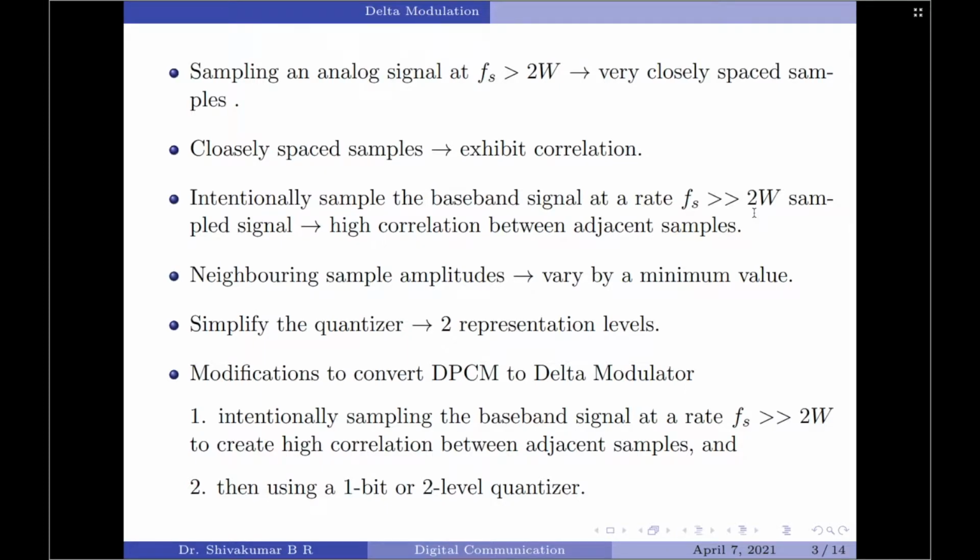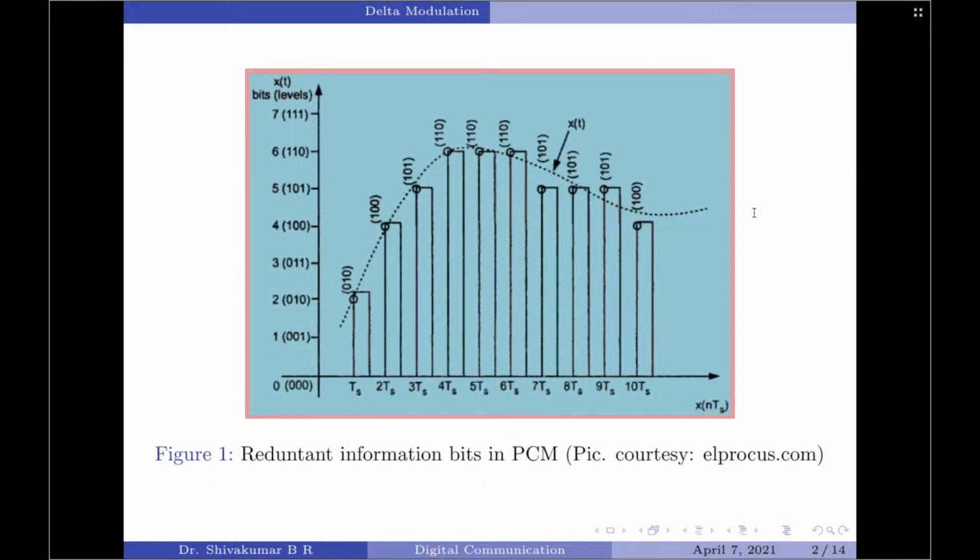This also means that the amplitudes vary by a minimum value. In order to explain that, let me come back to the waveform here. You see, this is in fact a waveform for PCM. Here, the first sample amplitude is 0, 1, 0, whereas the second sample amplitude is 1, 0, 0. So, the difference between them is not a 1-bit increment nor a decrement.